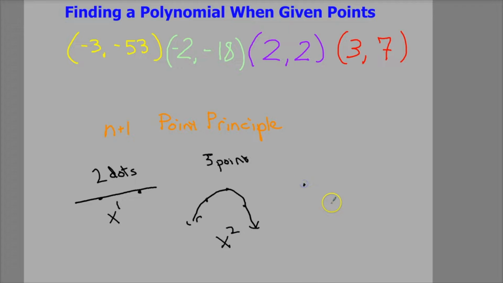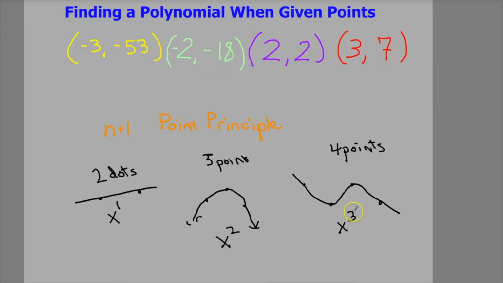If you have 4, it's a bit of an x to the third power, even though I drew them really close together. Anyway, 4 points will give you sort of an x to the third.